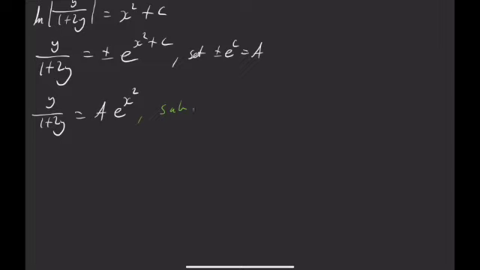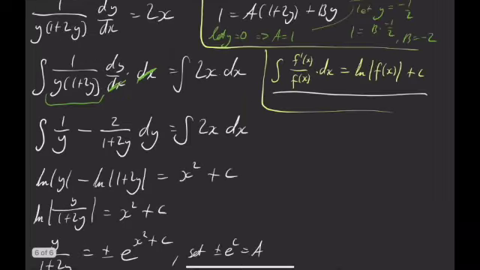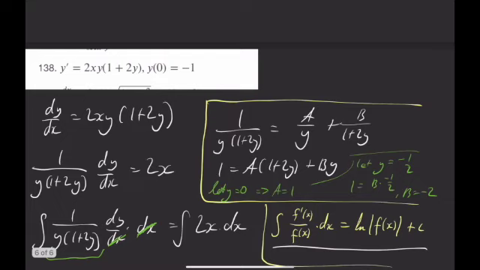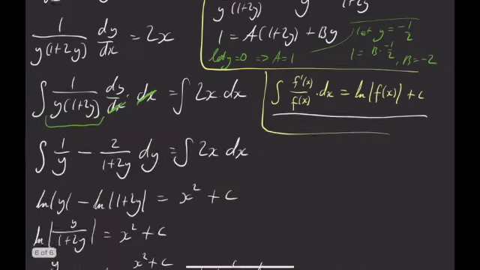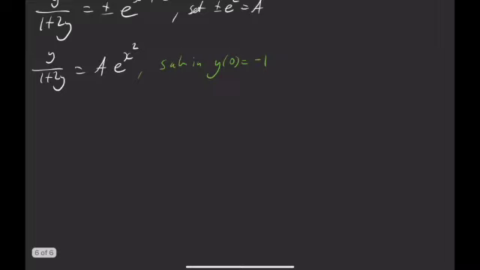I can sub in the fact that y of 0 equals negative 1. That comes from the question. y of 0 is negative 1. And that lets me say that negative 1 over 1 plus 2 times negative 1 equals a. 0 squared is 0, e to the 0 is 1.